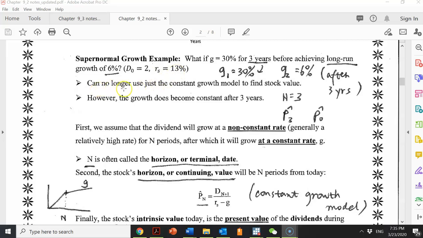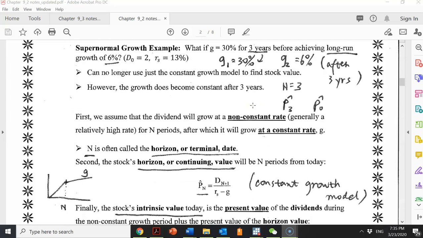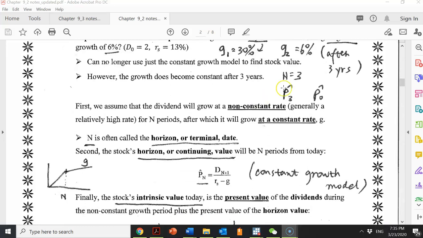Okay, in this case, we can no longer use just the constant growth model to find stock value. The constant growth model only applies to the second stage. However, the growth does become constant after 3 years. So the dividing date is 3, n equals 3.